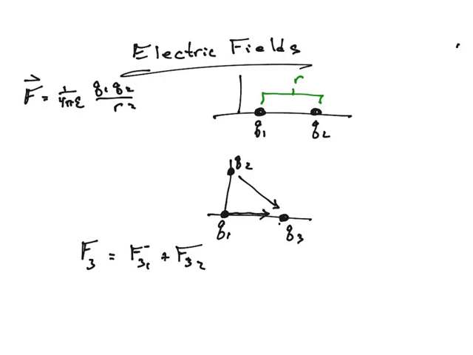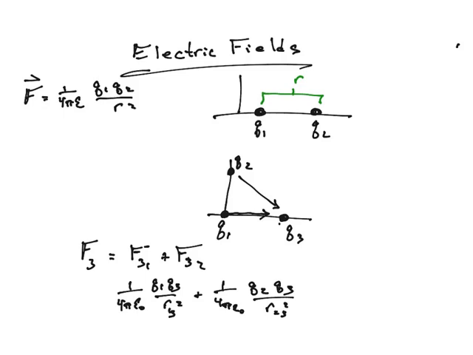But each one of these is our 1 over 4 pi epsilon naught Q1 Q3 over R13 squared plus 1 over 4 pi epsilon naught Q2 Q3 over R23 squared.